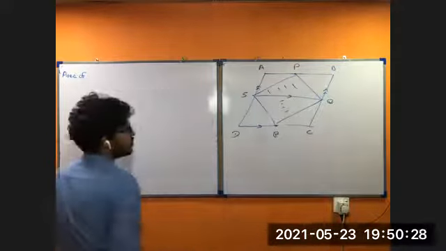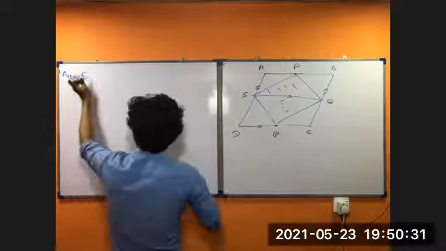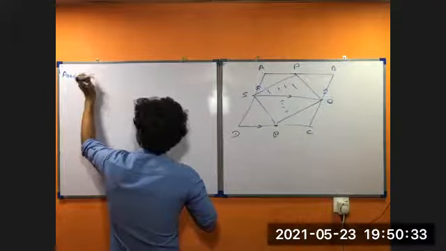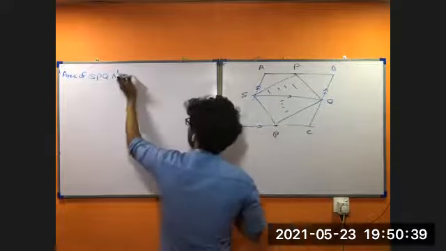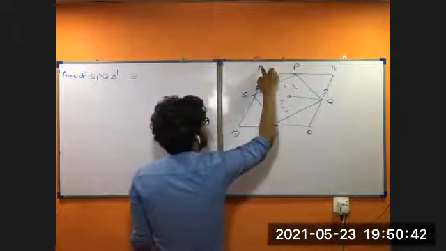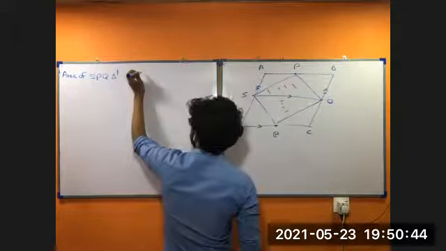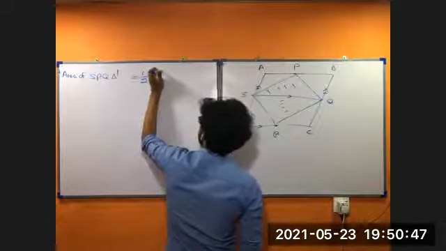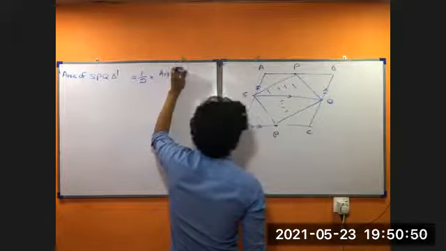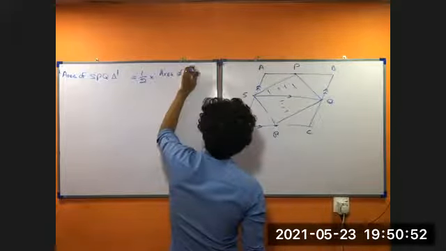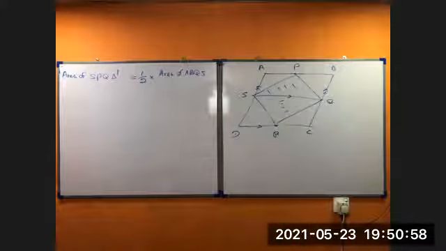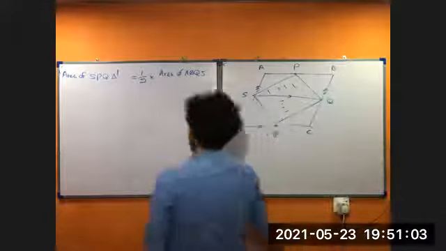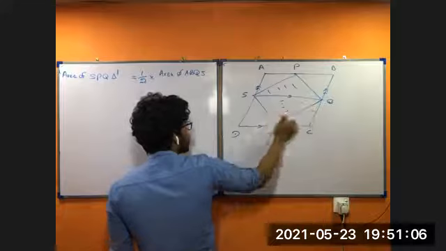Anyway, we have to start from somewhere, right? So area of triangle SPQ is going to be half times the area of ABQS. I cannot do anything further, so let me keep it like that, and let's find the area of the down part, the other part of the quadrilateral.